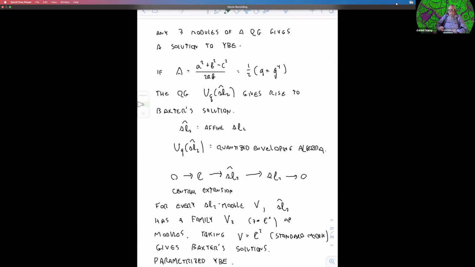So in Baxter's example, the quantum group is called UQ of SL2 hat. So what is SL2 hat? The SL2 hat is a Lie algebra. It's a central extension of SL2. So actually, you make a central extension, and then you usually adjoin a derivation.